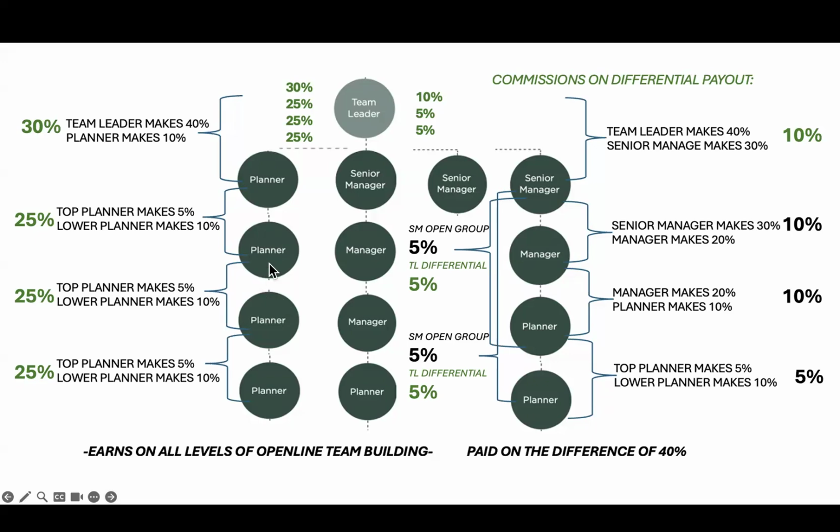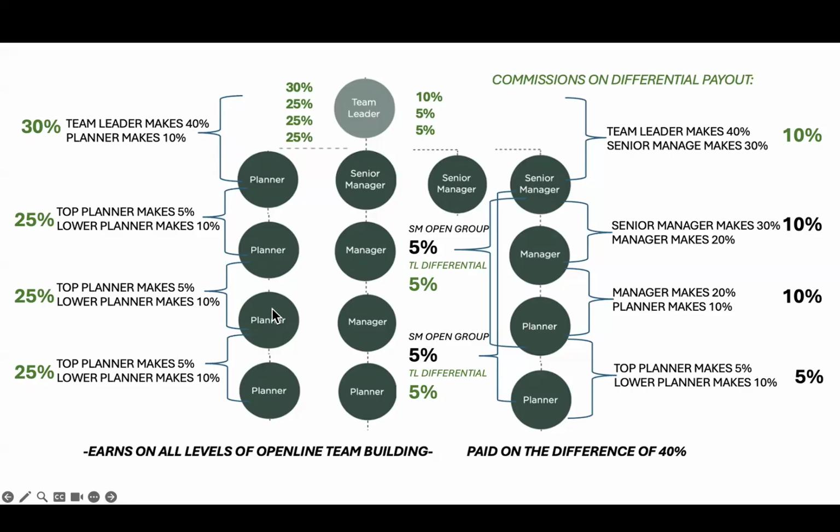The top guy over here doesn't get anything, right? It's all level 1 calculation, level 1, level 1. So the top planner as well makes 5%, and the lower planner is entitled to 10% of whatever he buys or sells. So what's left over? 25% is left over, and that gets paid to the team leader. So whatever transaction happened, 25% in bonuses goes to him.